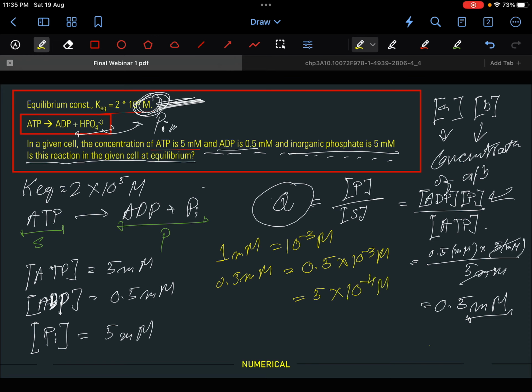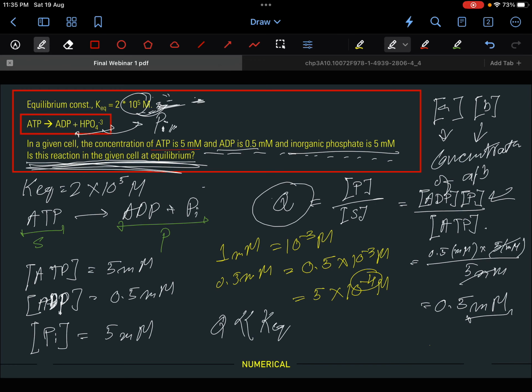As you can see, this is in minus 4, and this one is 10 to the power 5. So you can clearly say that Q is very much less than K equilibrium. So the answer to this question is no, the cell at the given condition is not at equilibrium.